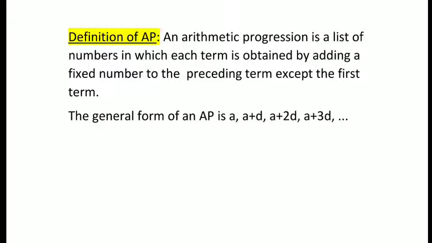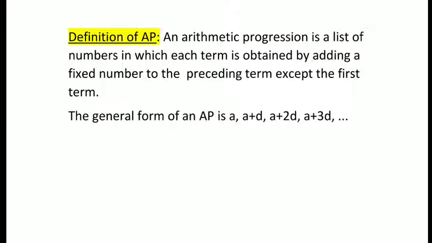If you find the first term of the general form, it is very easy. The first term is always A here. And since it is an AP, if you find the difference between consecutive terms of the given general form, we always get small d.